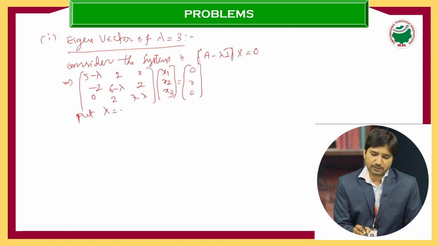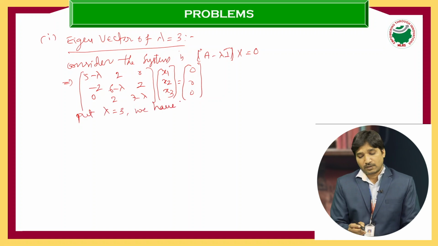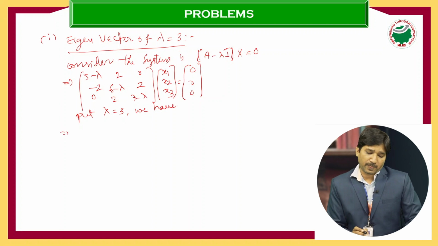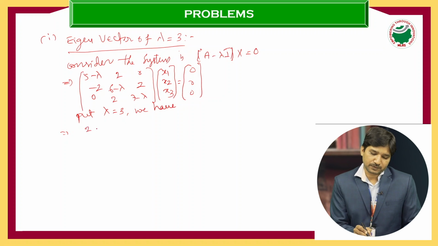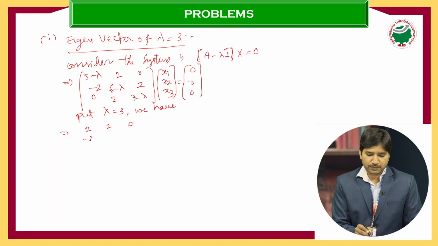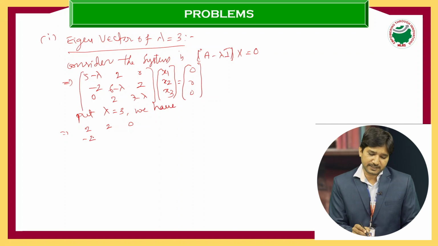Put lambda equal to 3, we have the system: 5 minus 3 means 2, 2, 0; minus 2, 6 minus 3 is 3, 2; 0, 2, 7 minus 3 is 4.